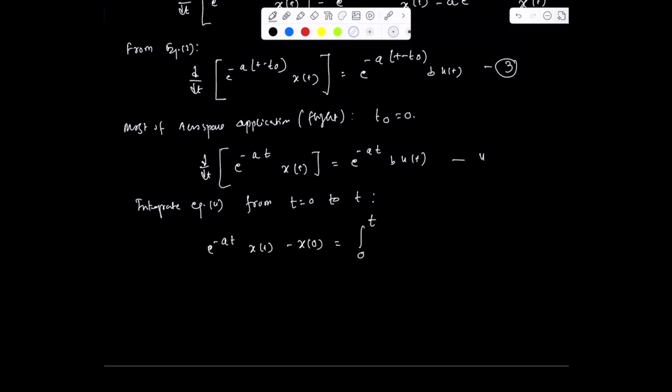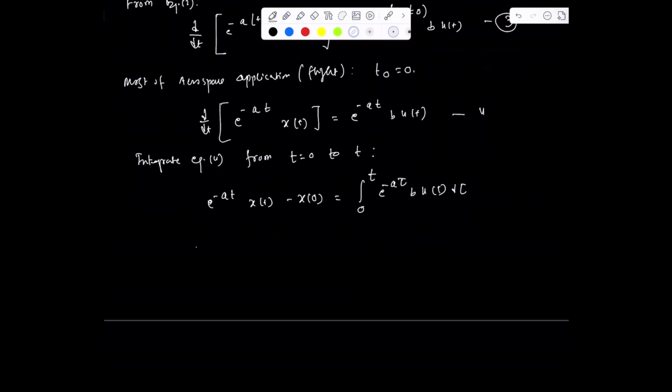We need to change t to tau, because tau will be the variable of integration, so b u of tau.